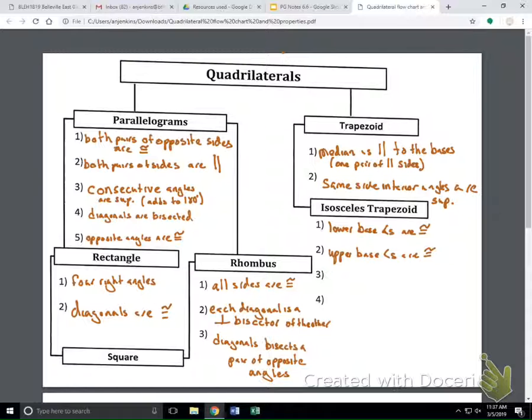One's about diagonals and one is about the angles again. First one is Kevin. So one is about the diagonals and the other one is about angles. So the diagonals are congruent. Angles.